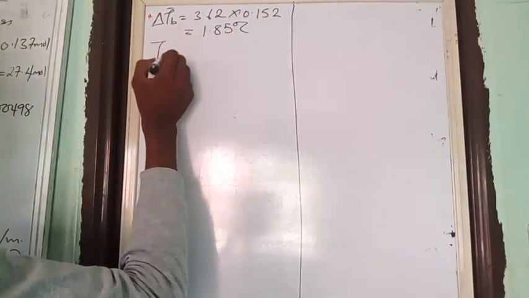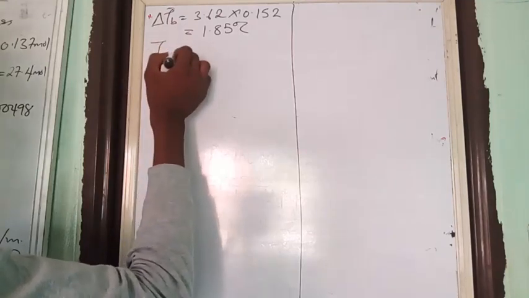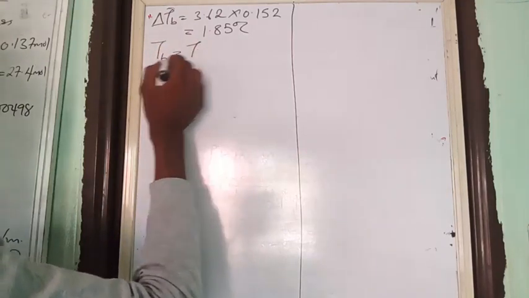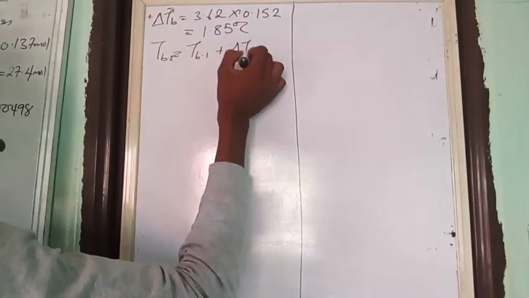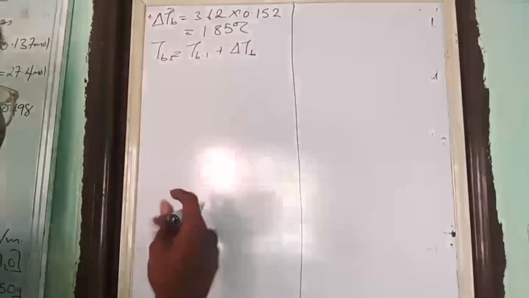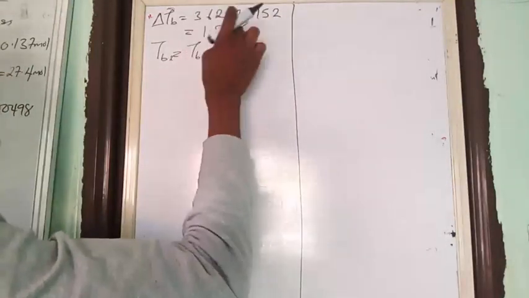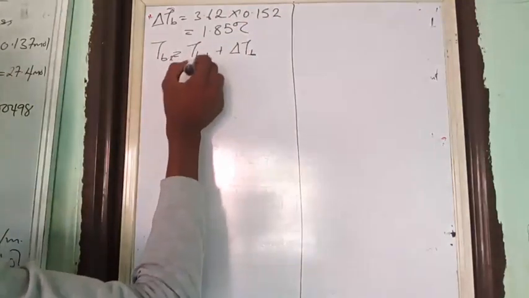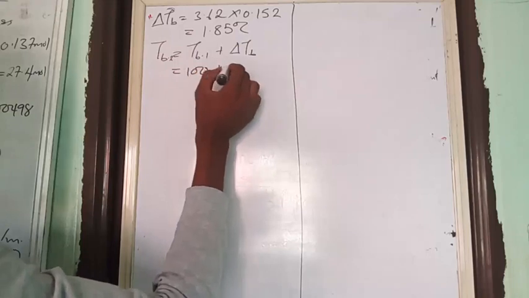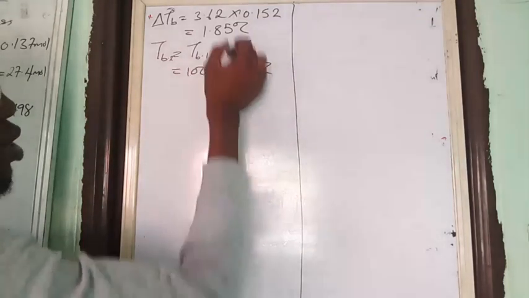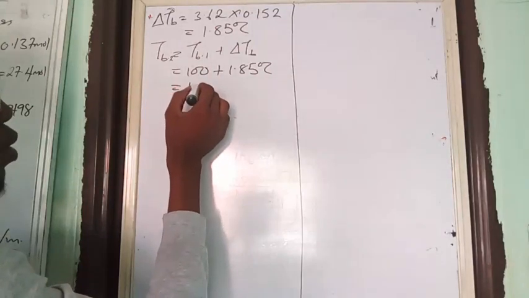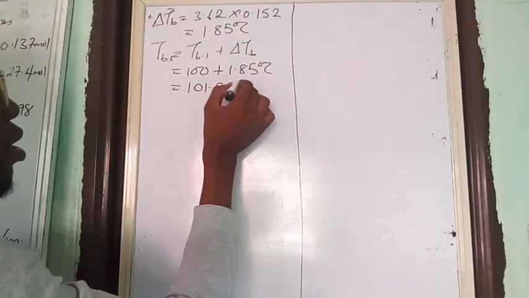So the new boiling point Tb2 equals Tb1 plus that change in Tb. We add the change because boiling point elevation increases the boiling point. The normal boiling point of water is 100 plus 1.85 degrees Celsius, which gives us 101.85 degrees Celsius.